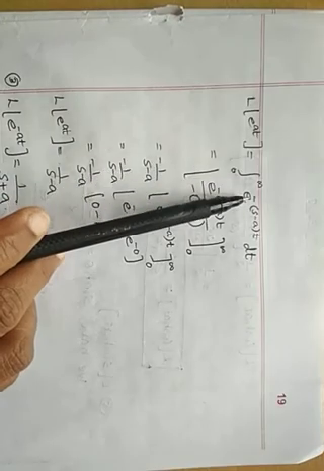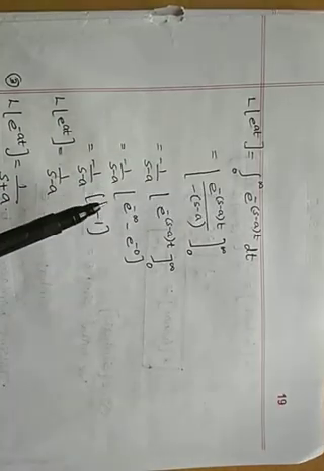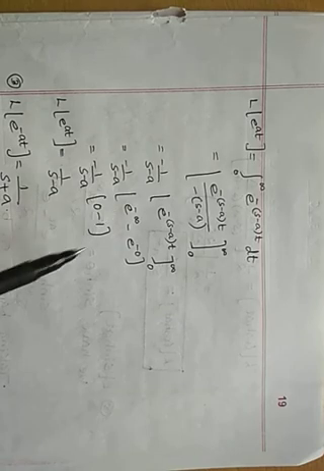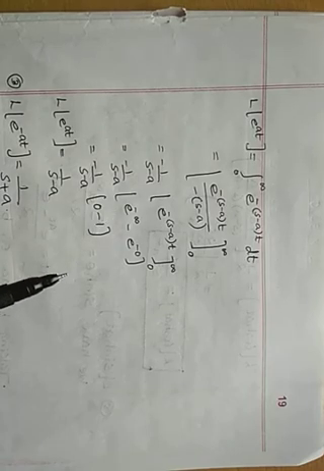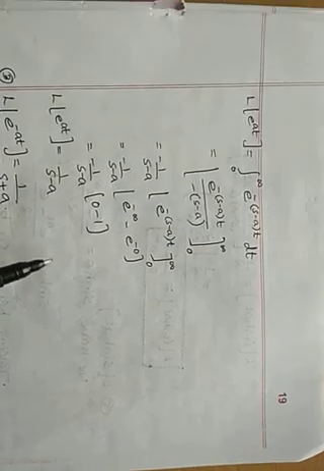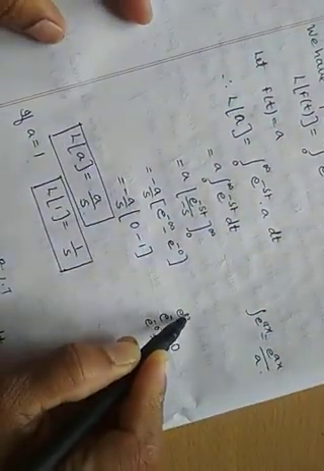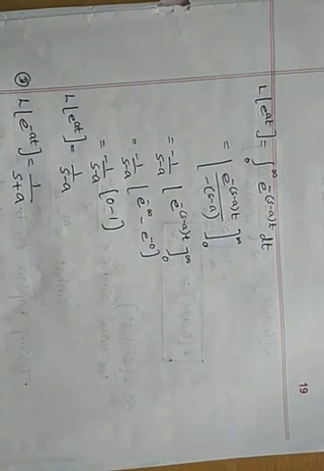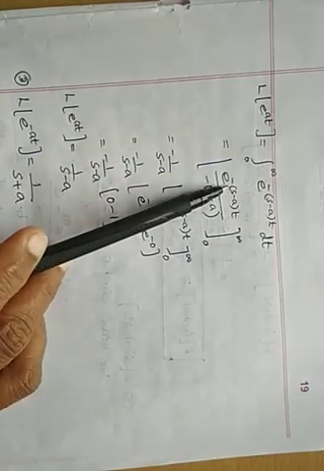If I don't take minus sign common, this will become minus s plus a, which will become e raised to infinity. And e raised to infinity is infinity. So, infinity minus anything will be infinity. So, we have to take negative sign common here.